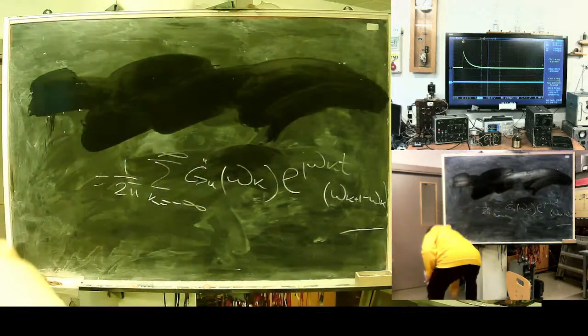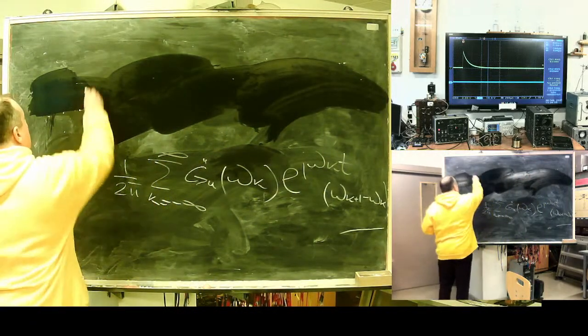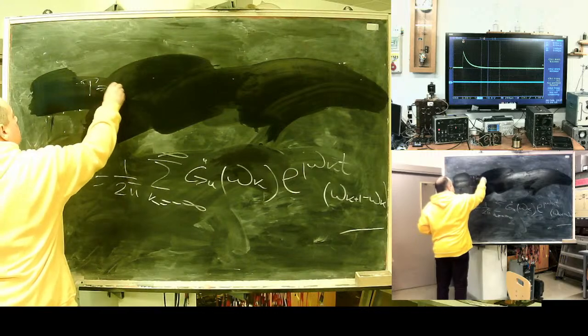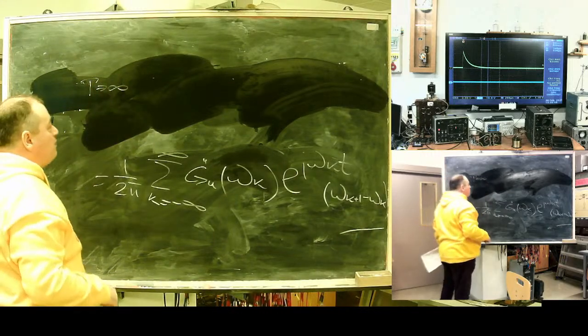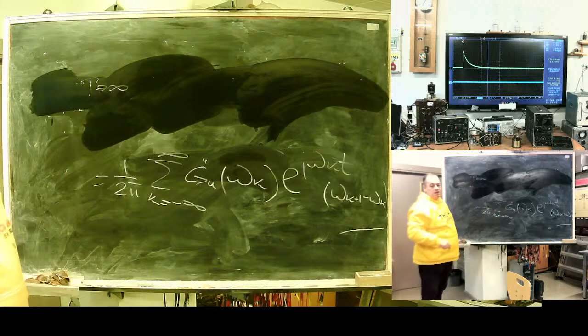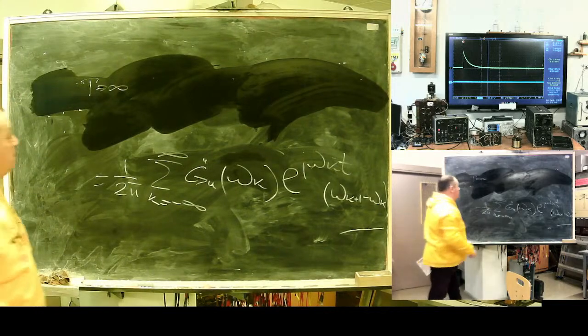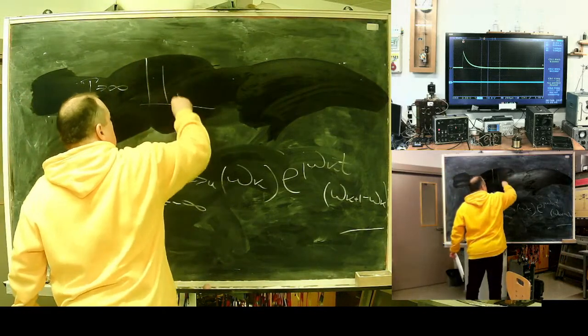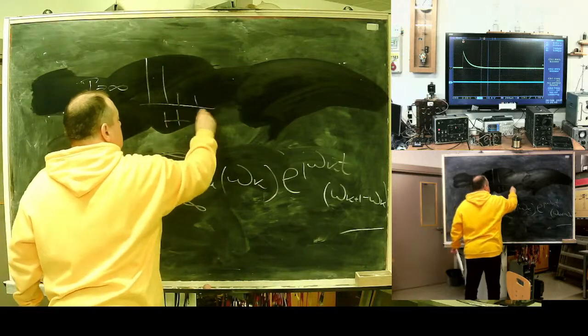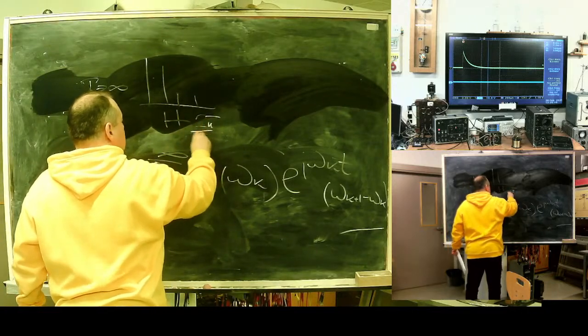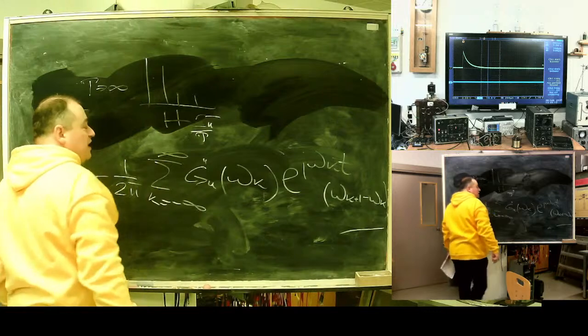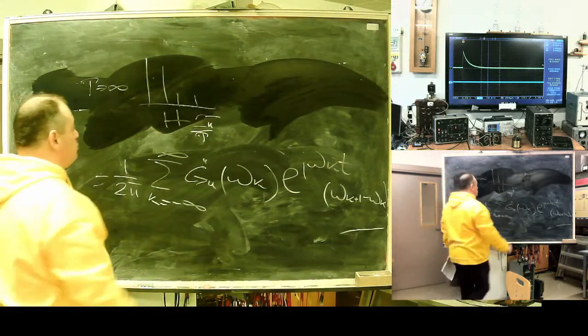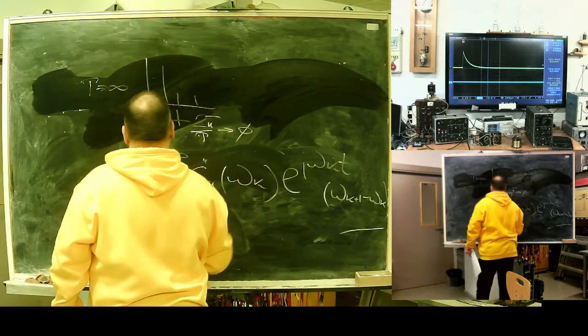If the period goes towards infinity, what happens to the space between spectral lines? Once more, this space is 2 pi divided by period. Where does it go? To 0.